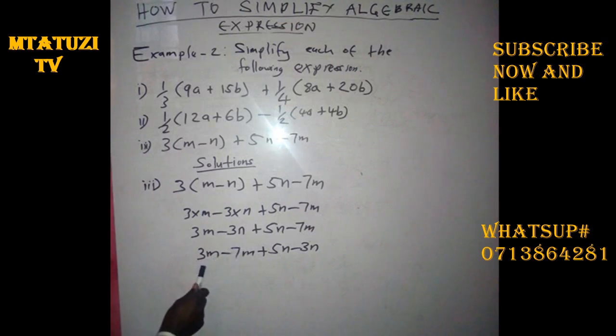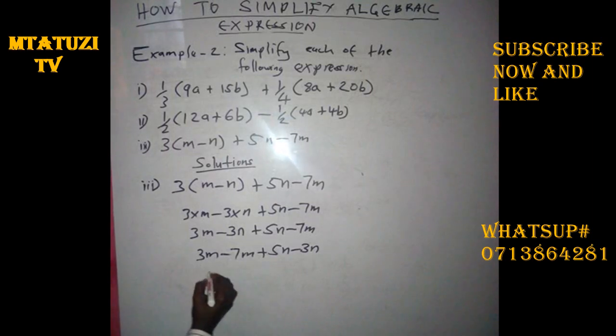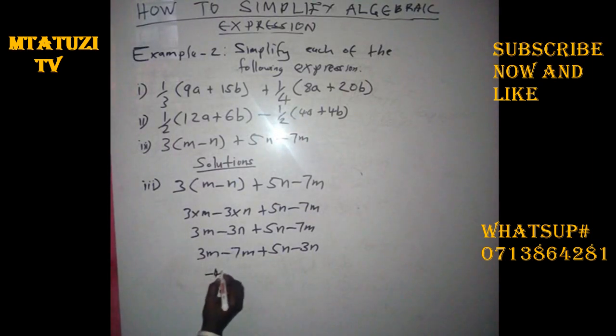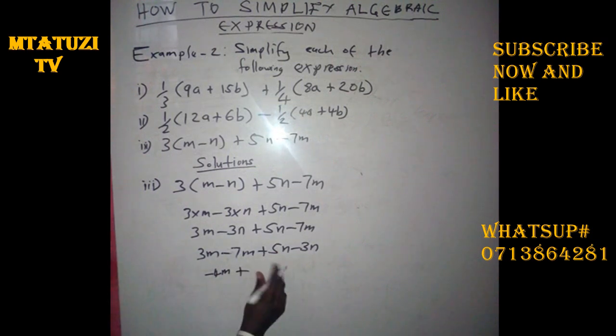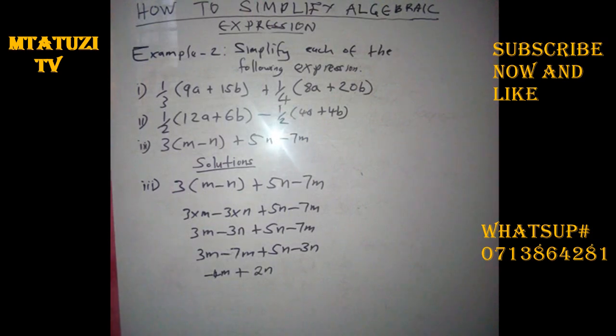You have 3, you own 3, and someone is owed 7. So when you give that 3, it will remain negative 4. It will remain that you owe someone 4. So owe means negative 4m, plus 5n minus 3n, you get 2n.